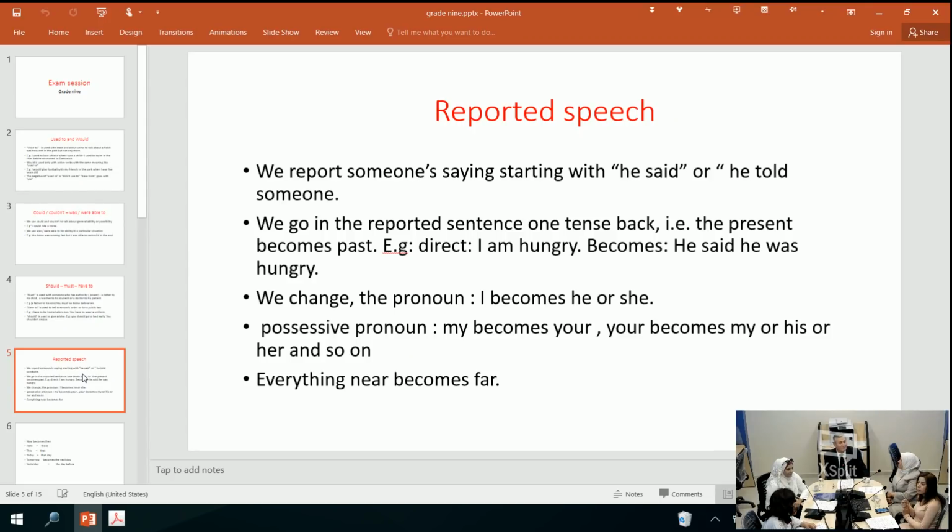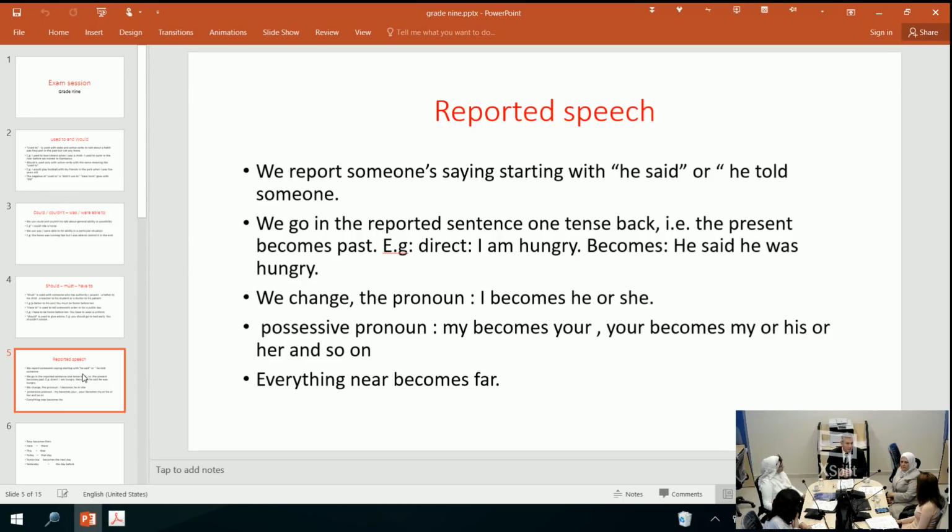So in general, we do changes on the pronouns, on the verbs, and maybe if we have time and place references. And here, Miss Huda, do we change the tense or do we keep the same tense when we report? Of course we change. Present simple, because the introductory verb is past simple, he said.